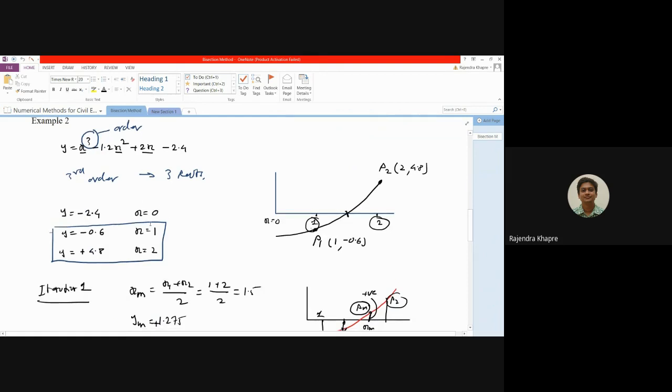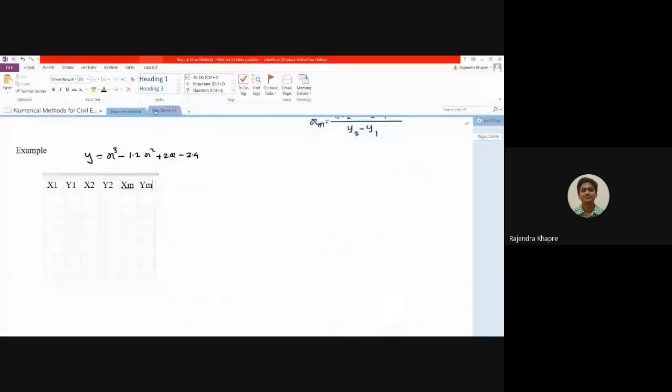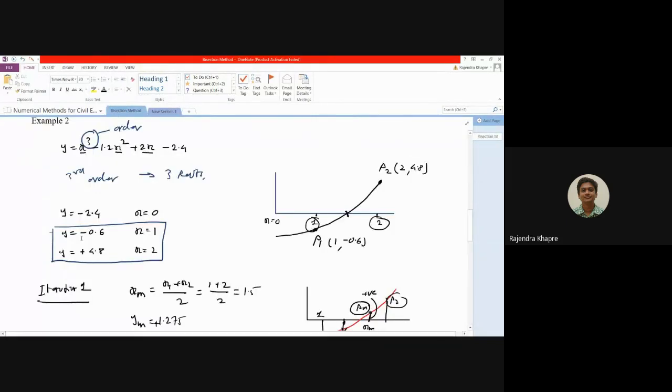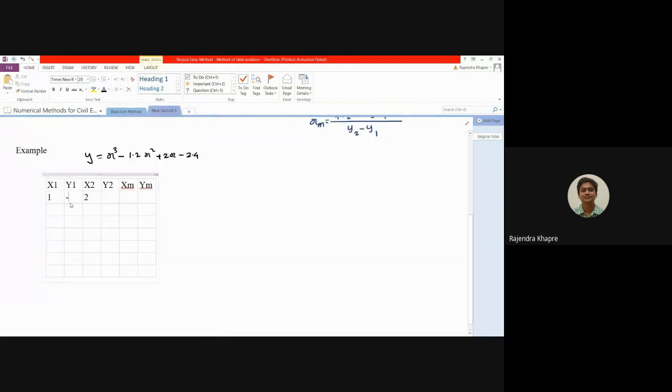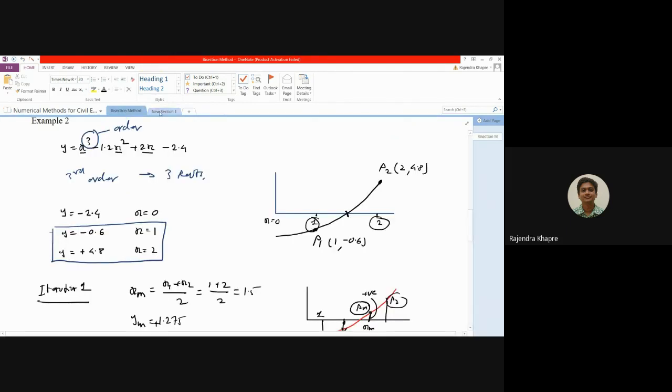The value of x is 1 and the value of x is 2, such that the corresponding values of y are negative and positive. So I am taking the value of x as 1, the second value as 2, the y1 value we calculated as minus 0.6, and the corresponding y2 value was 4.8.